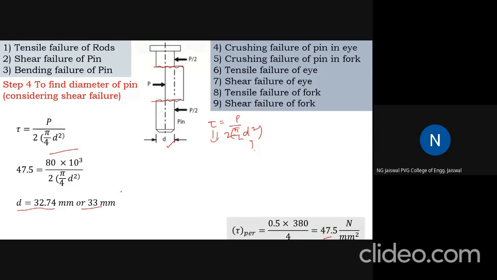But this is a smaller component, so I will not round off to a very next value like 30 or a multiple of 5, etc. You can make it 33. But as I said, if you are not happy with this type of variation in the rounding off methods, you can always take the next number if you get some fraction. That is not a problem.